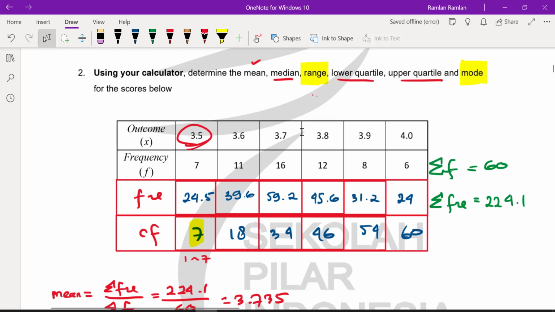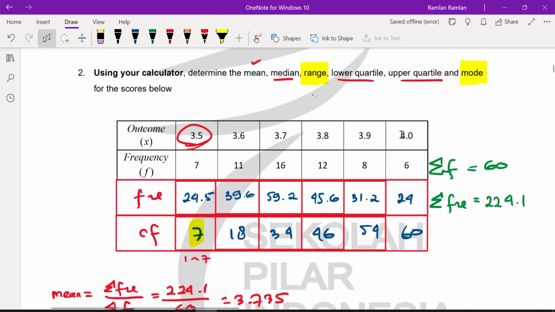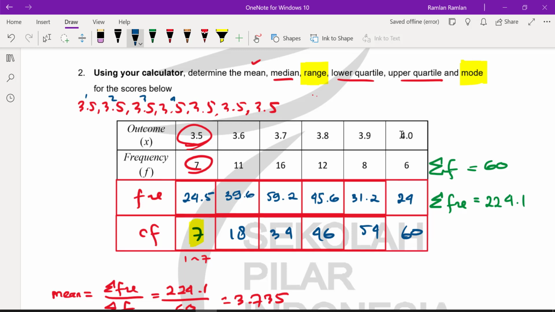If I write this down as individual data, it will look like this: we have 7 of 3.5, so we write 3.5, 3.5, 3.5, 3.5, 3.5, 3.5, and 3.5. So data number 1, 2, 3, 4, 5, 6, and 7 are all 3.5. That's why it's 1 until 7. So that's the first one.